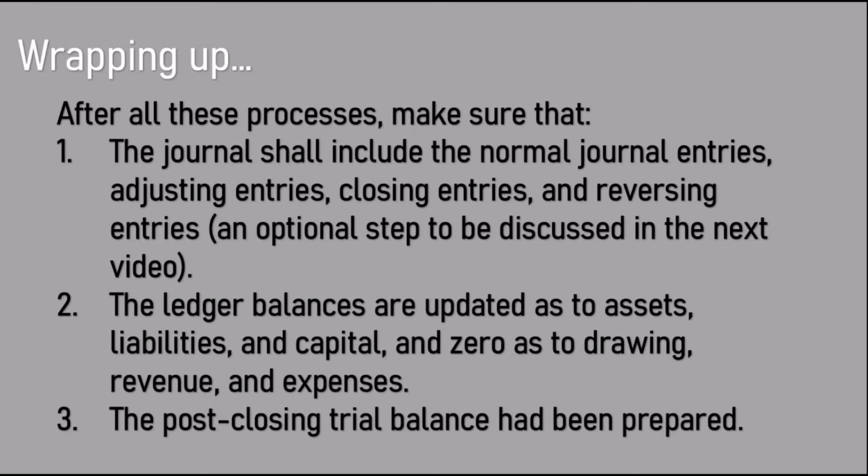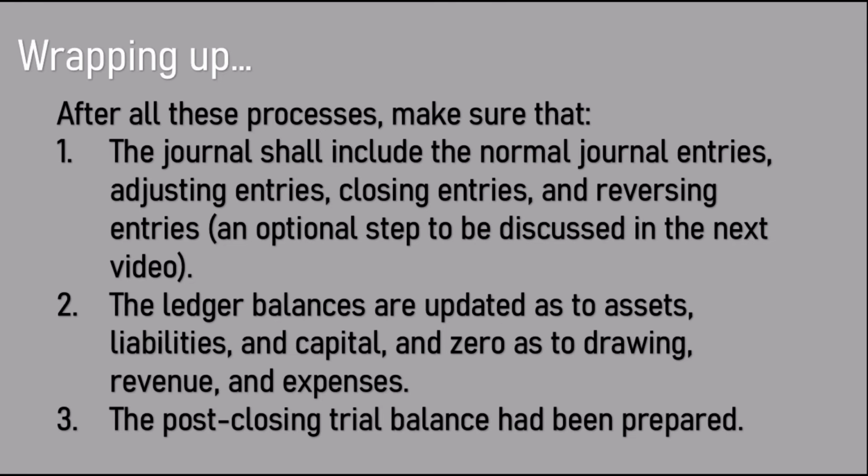Okay. So after all these procedures, you need to make sure that your general journal includes all of your normal journal entries. So all of the transactions have been recorded, and then your adjusting entries should also be journalized and posted. Your closing entries should also be journalized and posted. And then this is actually an optional step, and I will teach that to you in the next video, which is reversing entries.